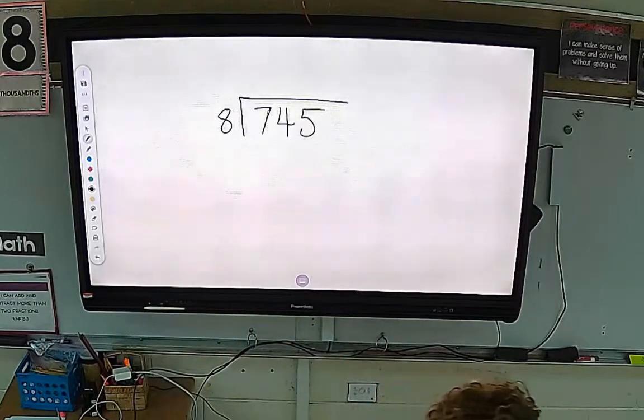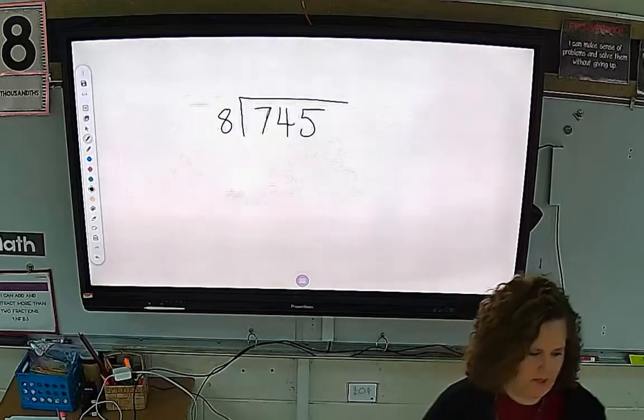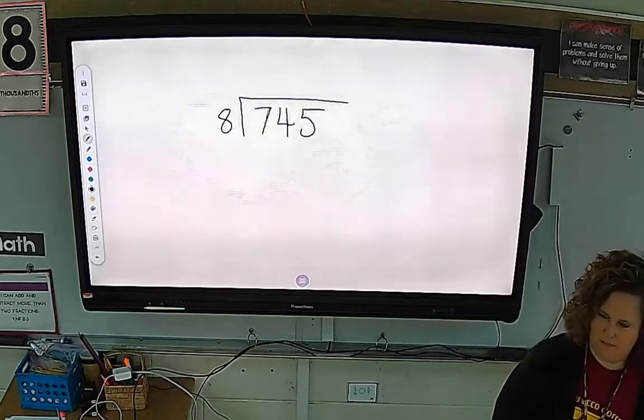Give about 1 more minute. Try to check this with multiplication if you think you are finished.